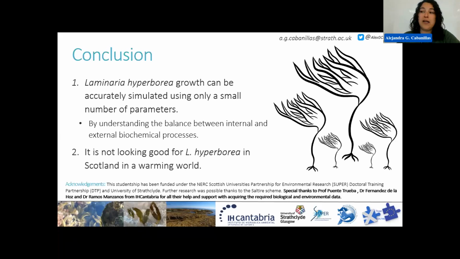For Laminaria hyperborea, data collection is quite difficult because you need scuba diving and they're quite deep plants. So the funding for collecting the sort of data this experiment needs is quite large. And if we could have ideal data, we would need about 10 years of data, which is kind of a dream. Yeah, fair enough.